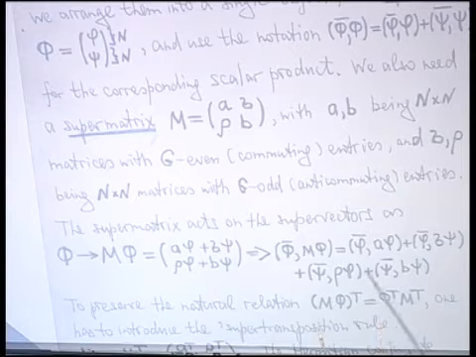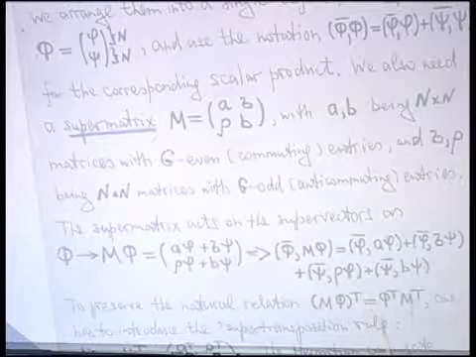So here we have n commuting components, and the bottom half will be made of Grassmannians or anti-commuting odd elements, as is obvious from the fact that we multiply, for example, here rho, which is made of Grassmannians, with phi, which is made of usual commuting numbers. And here we multiply B, which is made of, maybe not usual, but at least commuting entries, with psi, which is made of Grassmannians.